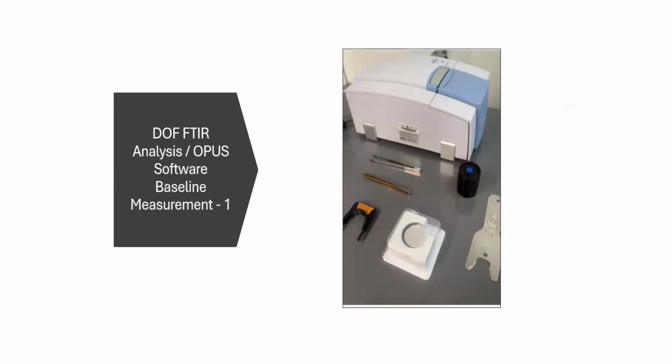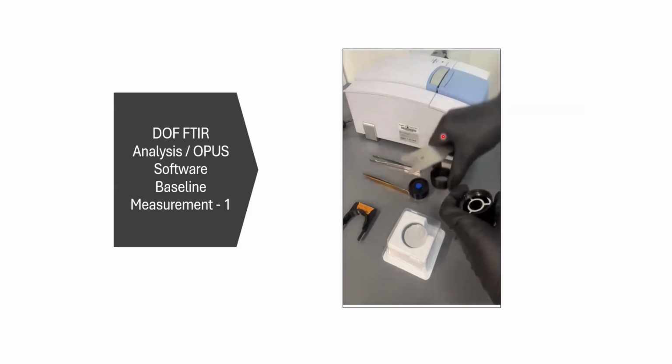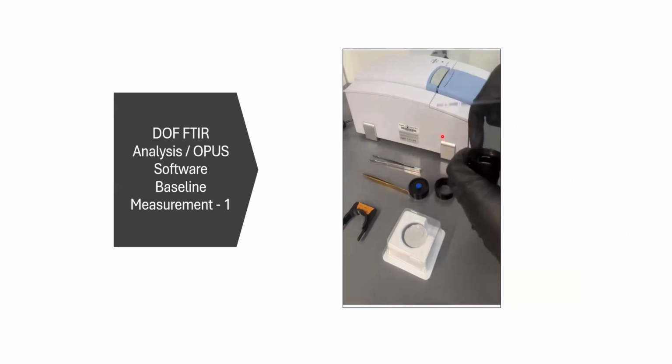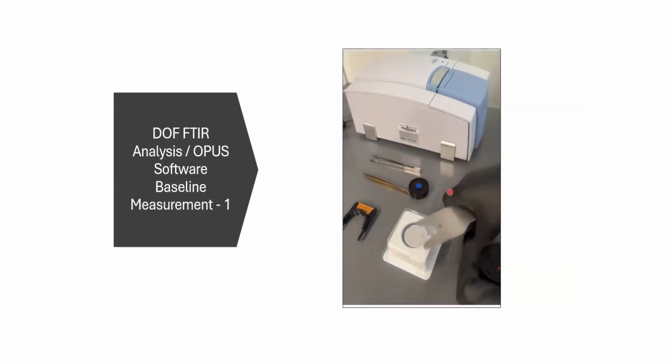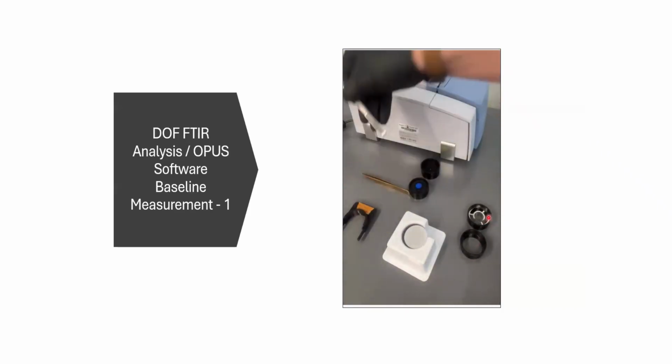So first, we need to create a baseline by taking a background analysis with a blank filter scan. For the FTIR scans, we're using these four-piece black cassettes, with the second ring as a top portion and the third piece with a metal filter support.